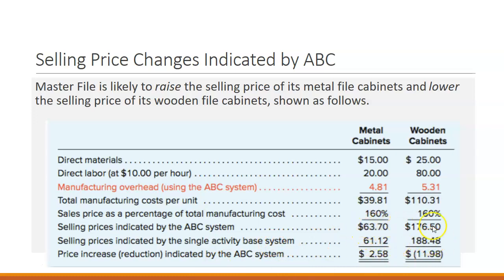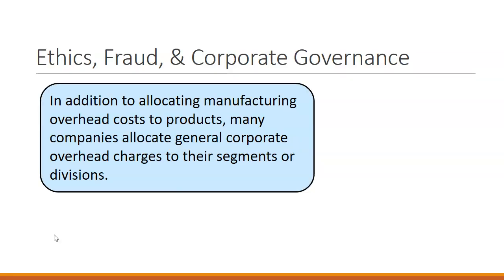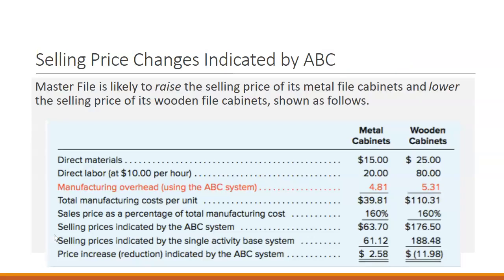These are the new selling prices that we calculated based on the activity-based system. So there is a change in the price. Metal cabinets price went up and wooden cabinets price went down. As I said, we are going to do a lot of examples in class.